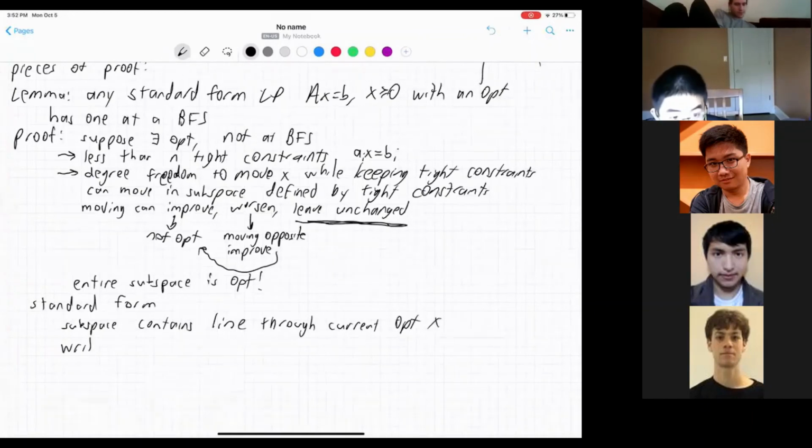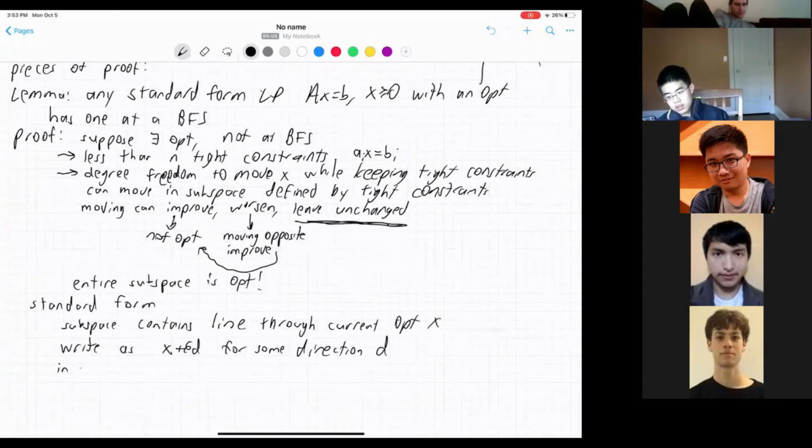And I'm going to write it as x plus epsilon d, for some direction d. And I've already argued that all the points on this line are optimal. Now, in one direction of this line, some coordinate x_i is decreasing.